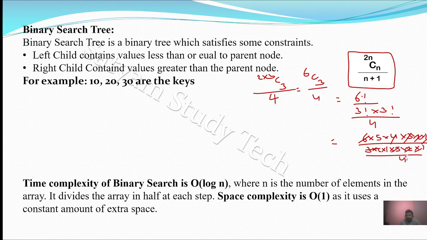Here the 3s cancel and the 2s cancel, and the 4 cancels with the 4, leaving 5. So for these three keys, 5 binary search trees are possible. This is the formula.